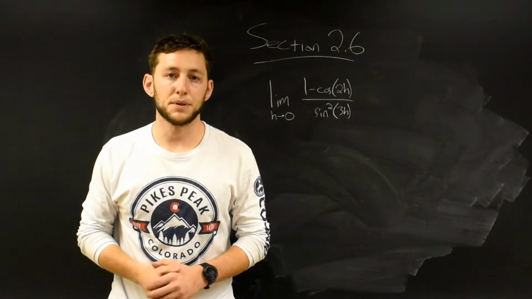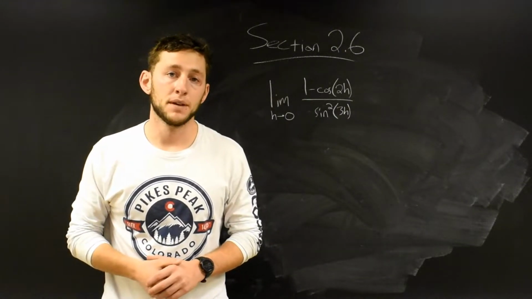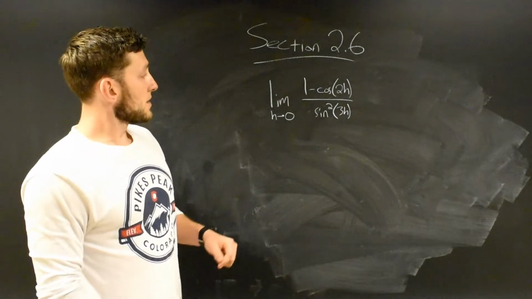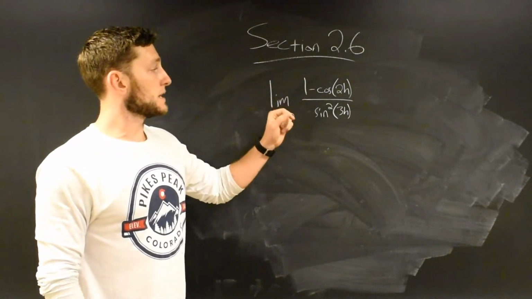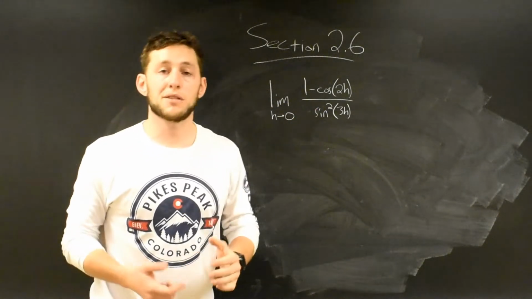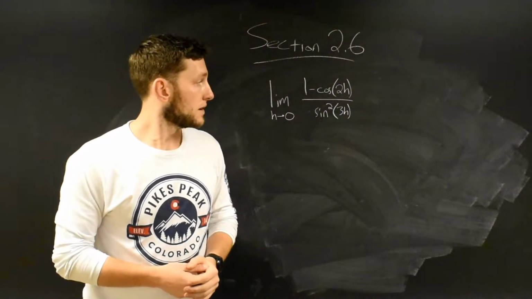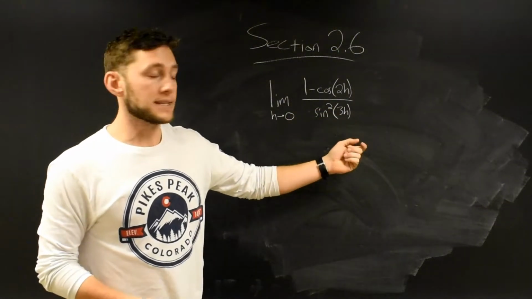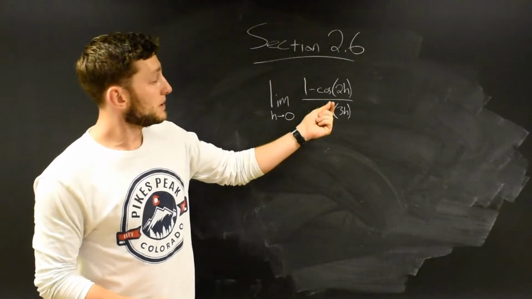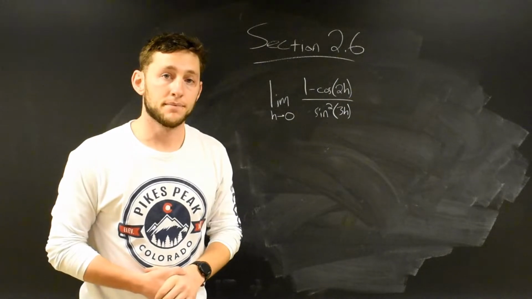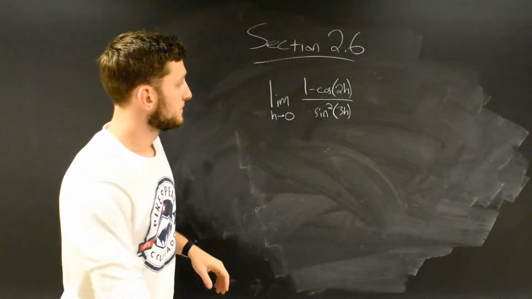As the last example, let's go ahead and try this guy out. The limit as h goes to 0 of 1 minus cosine of 2h divided by sine squared of 3h. Looks like we can go ahead and start to think about using our trig identities. So what I need is a 2h on the bottom and a couple 3h's on top. Let's see if we can get that.